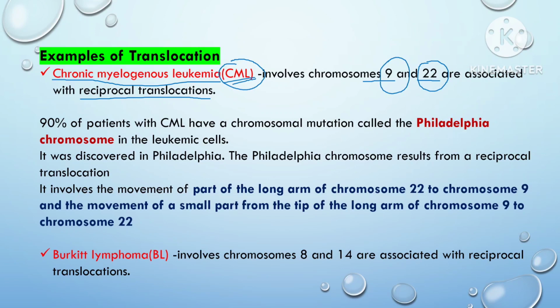But 90% of patients with CML have a chromosome mutation. We call it the Philadelphia chromosome. It is named Philadelphia because it was discovered in Philadelphia, and the Philadelphia chromosome results from this reciprocal translocation.